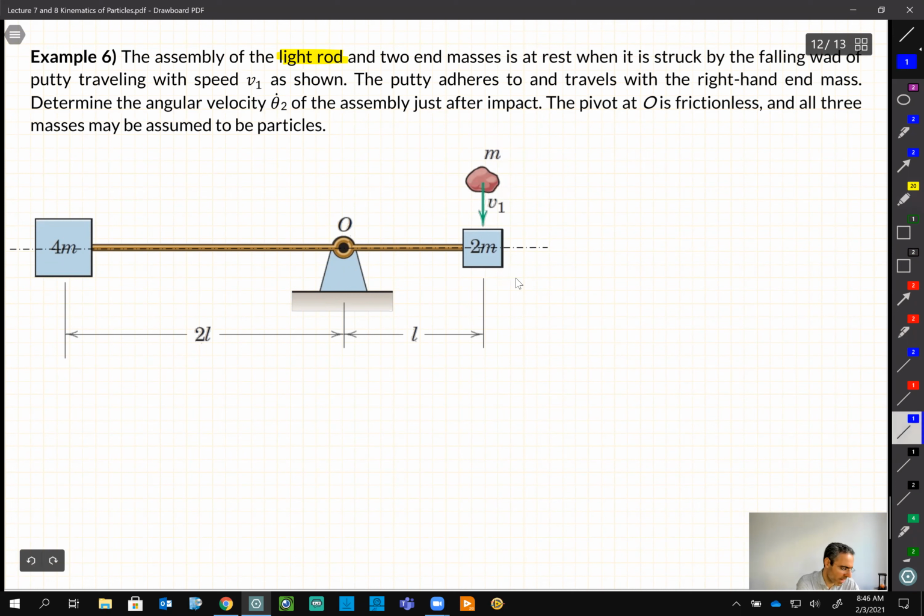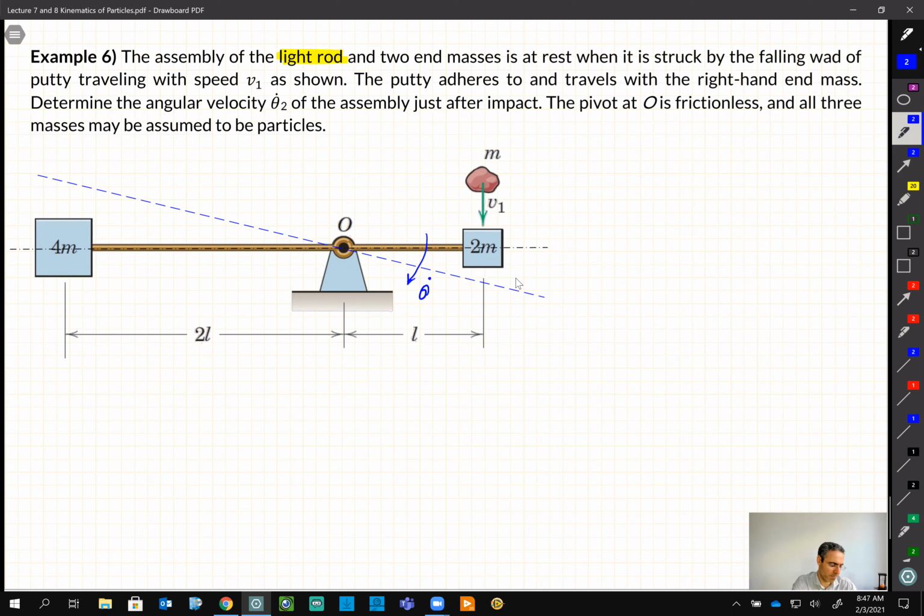So you can imagine if this happens, as a result, this pendulum, or this lever, whatever it is, is going to move like that. And it's going to rotate with a speed which, let's call it theta dot. Okay? So this is all the information that we have.